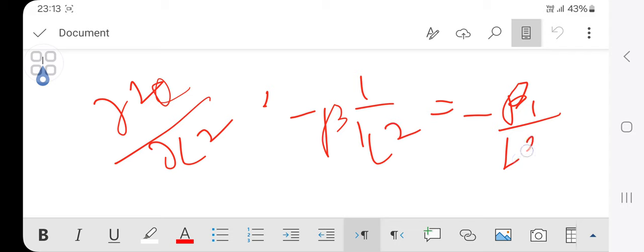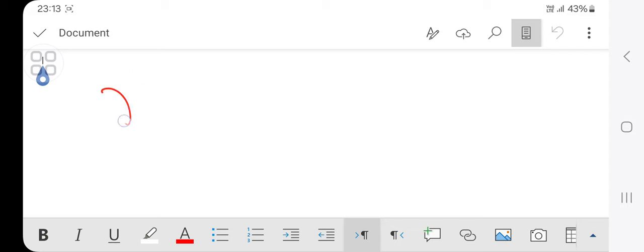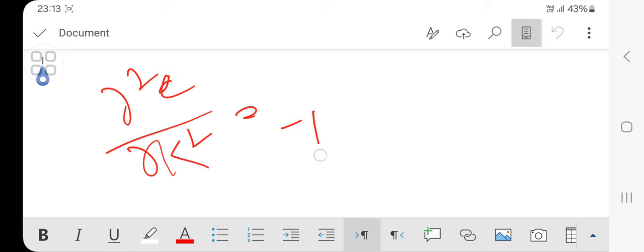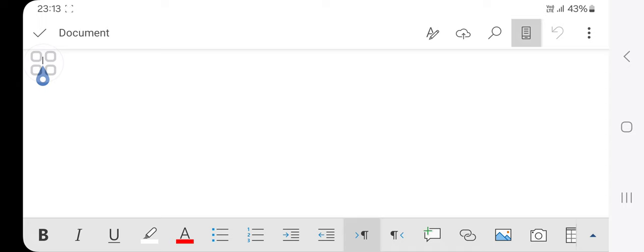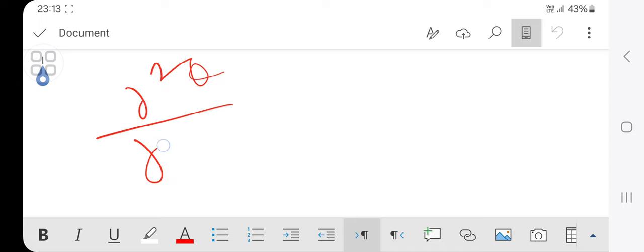And del square Q by del K square is minus β2 by K square. So del square Q by del L del K is equal to 0.